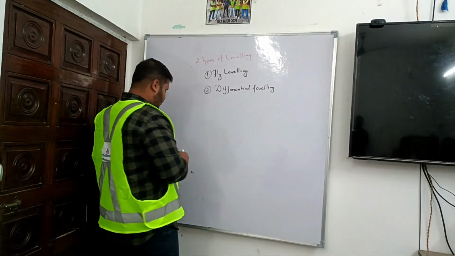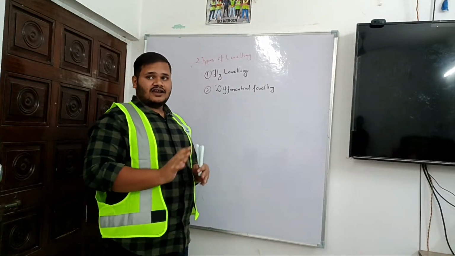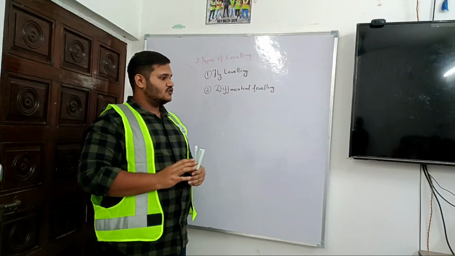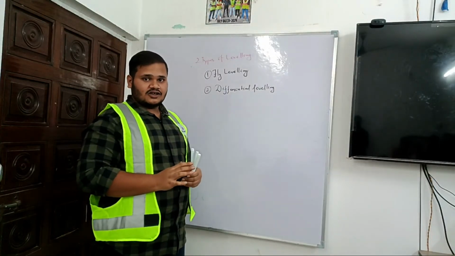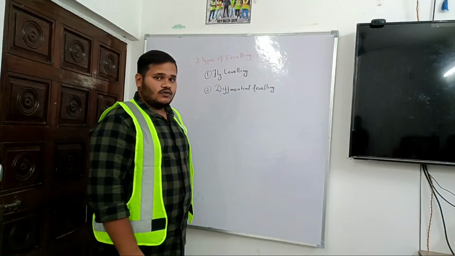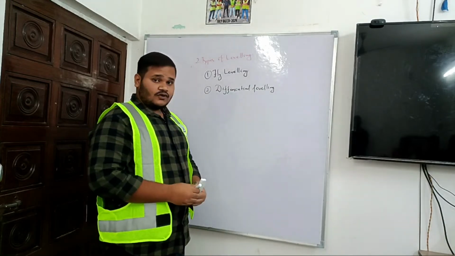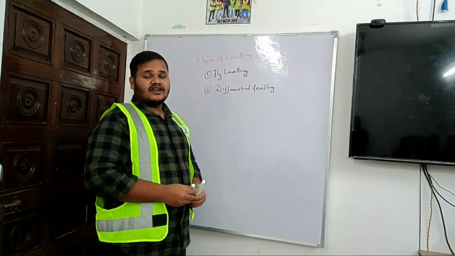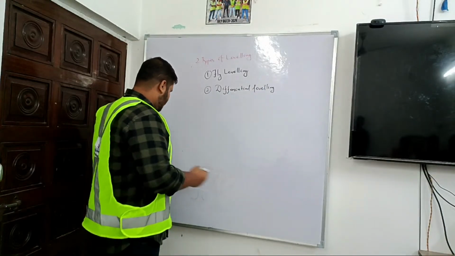If we are surveying on very undulated ground, suppose a valley area, then we have to change the station after every intermediate point.